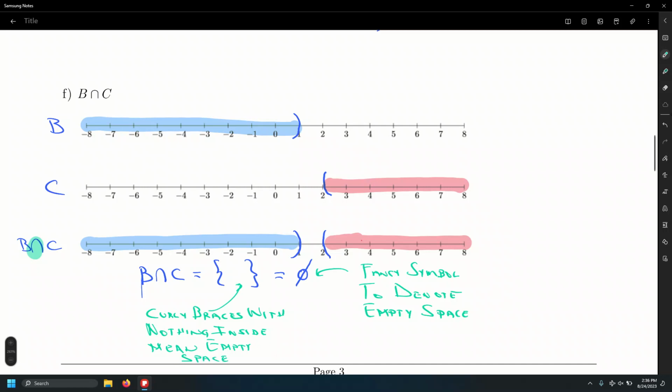Either way, you can just write down the curly braces or the 0 with the diagonal.